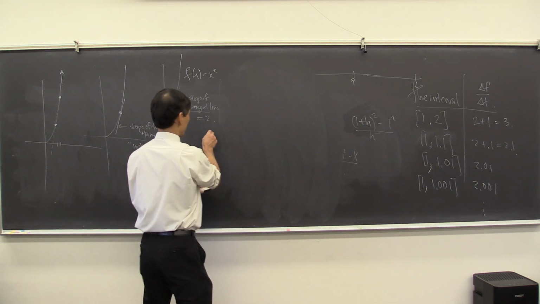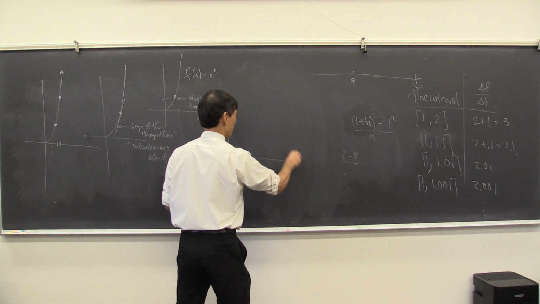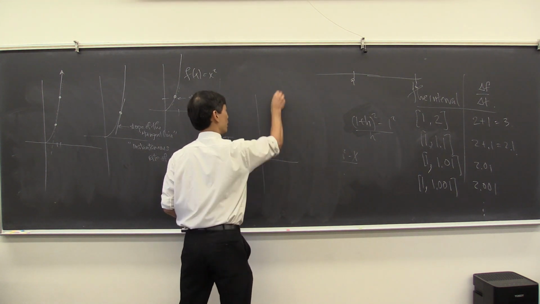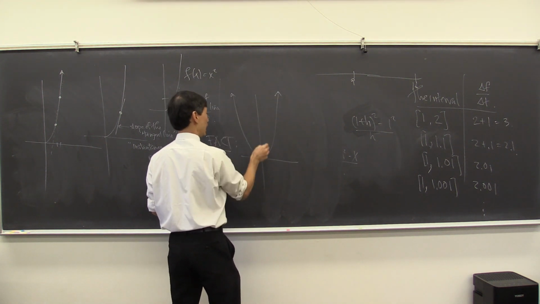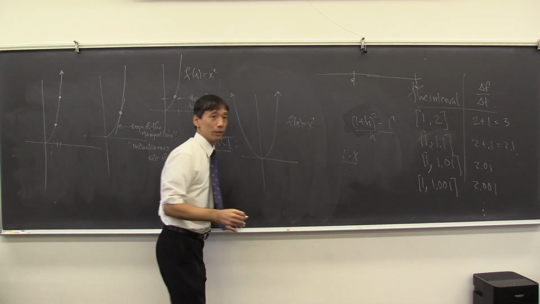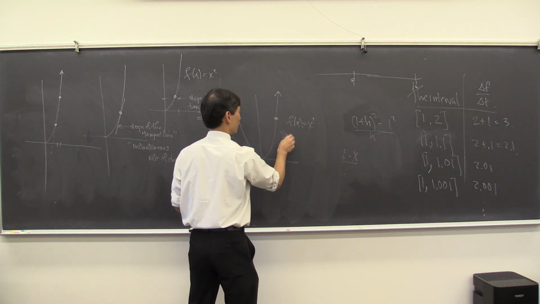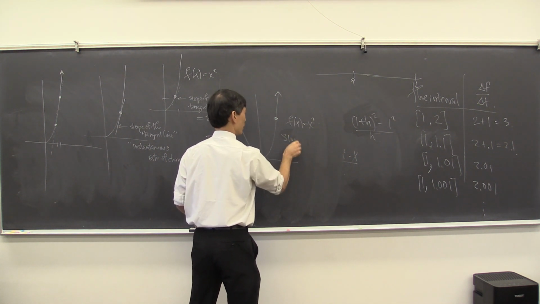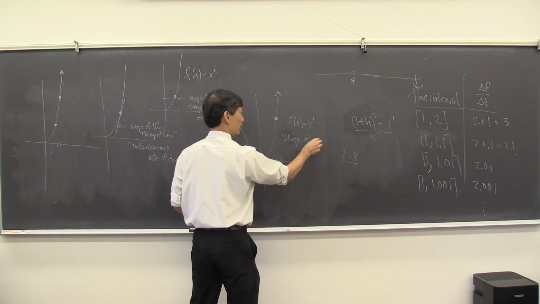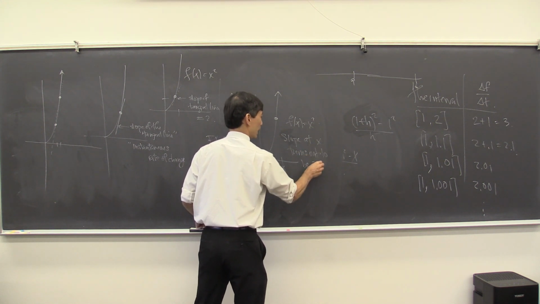And I'm just going to give you a fact about the parabola. The fact is that if you're looking at the x squared function, then the slope at the point x turns out to be 2x.